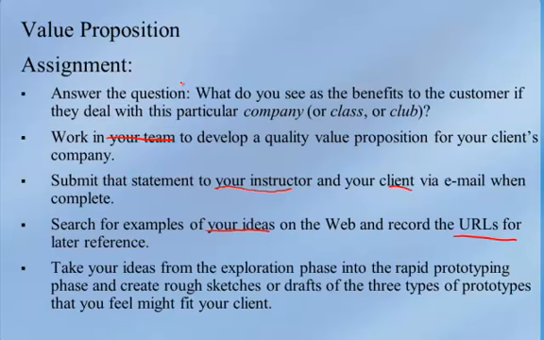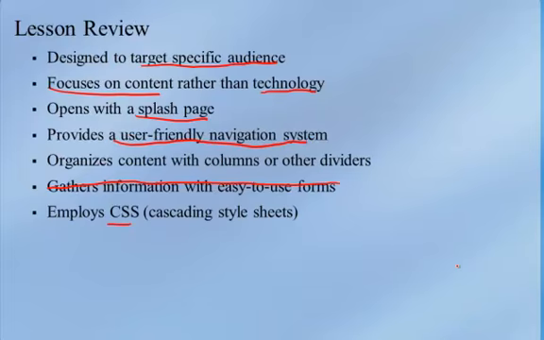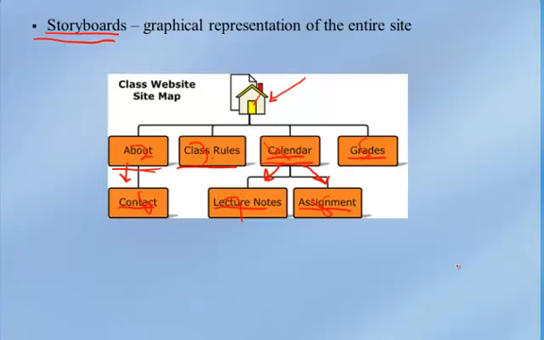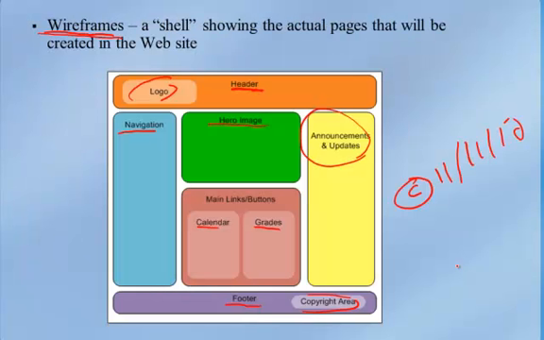Okay? And so those are to help you get the exploration done. And that's what's called the rapid prototyping phase, where you create sketches and drafts of the 3 types of prototypes. Remember, the 3 types were 1, sitemap, 2, storyboards, 3, wireframes.